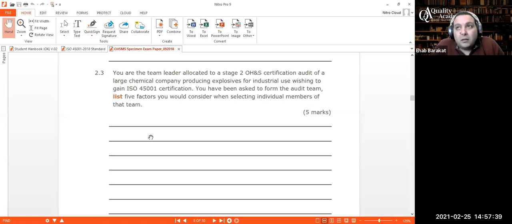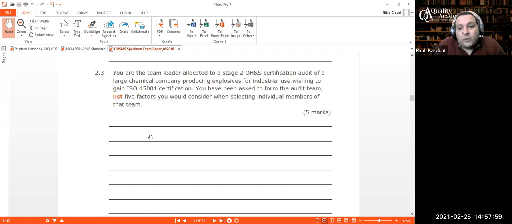The criteria that you can choose your team according to are, for example, the scope, that they understand the activity or have knowledge about chemical explosives. So they understand the scope.